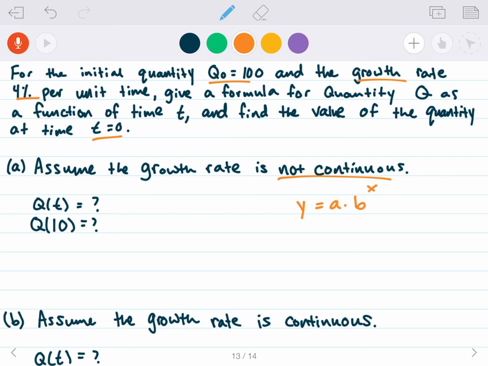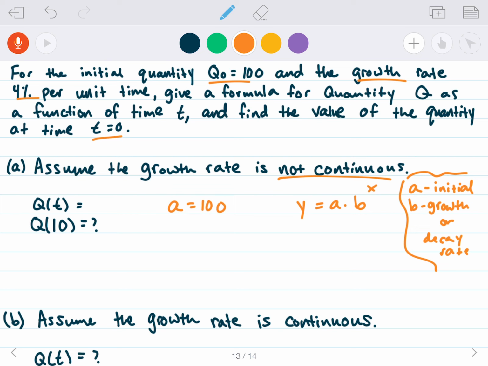And that was this formula. Remember that? Here, A was the initial value, right? And B was the growth or decay rate. So this is the formula we're going to use for part A. It tells us that our initial quantity is 100. That's Q of 0, in the first sentence. So that means that A, in this case, is going to be 100.